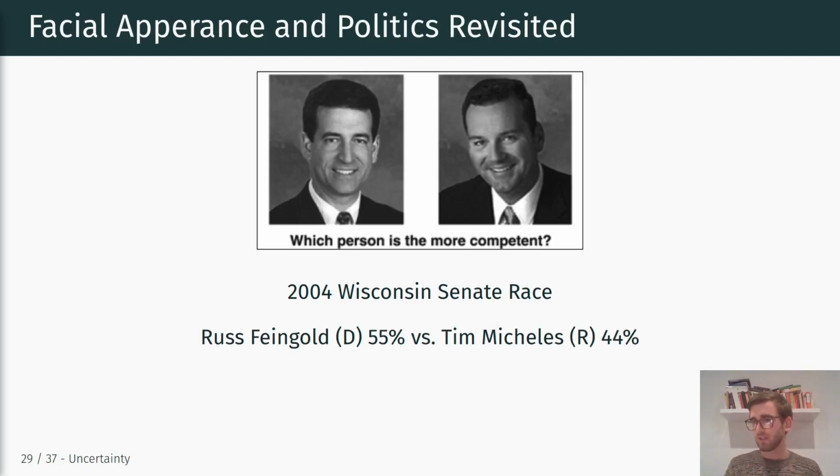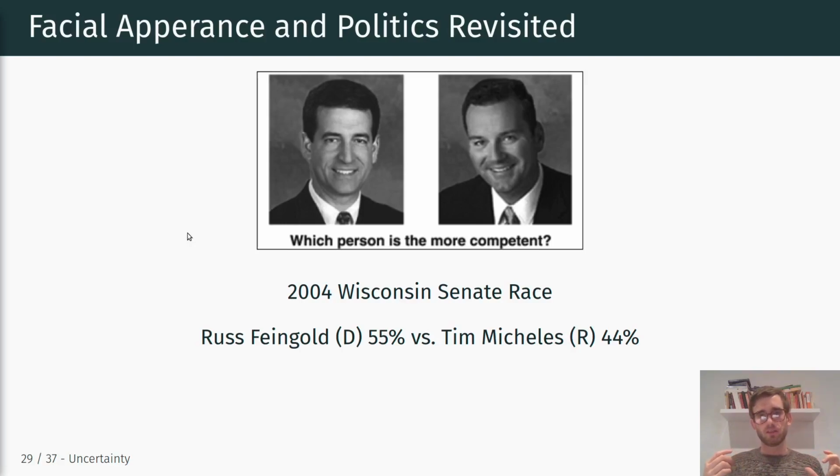It's Russ Feingold, Democrat, who received 55% of the vote, and Tim Michels, Republican, who received 44% of the vote. The key point here is that participants were just asked to rate the competence.